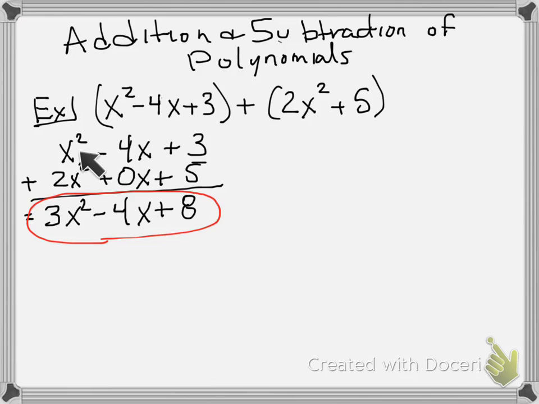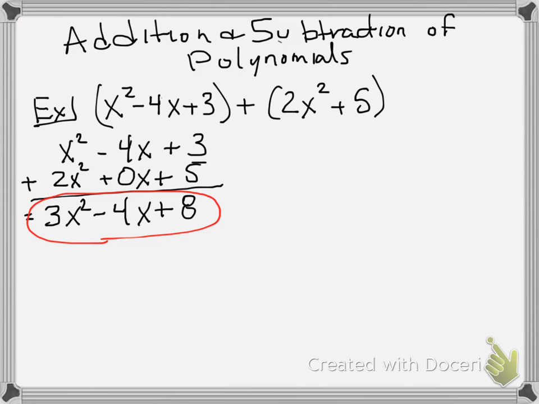That looks like this, where we've got x squared plus 2x squared, minus 4x plus 0x, because we do not have an x term in this polynomial, and 3 plus 5. So we just add straight down. x squared plus 2x squared is 3x squared. Negative 4x plus 0x is negative 4x. 3 plus 5 is 8. Very straightforward. You just add the coefficients for same order terms.